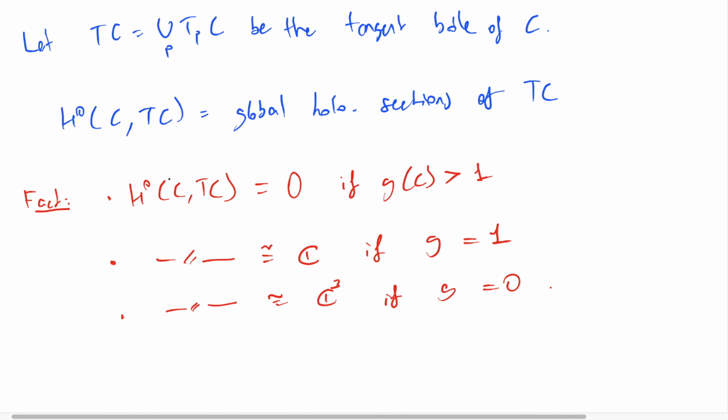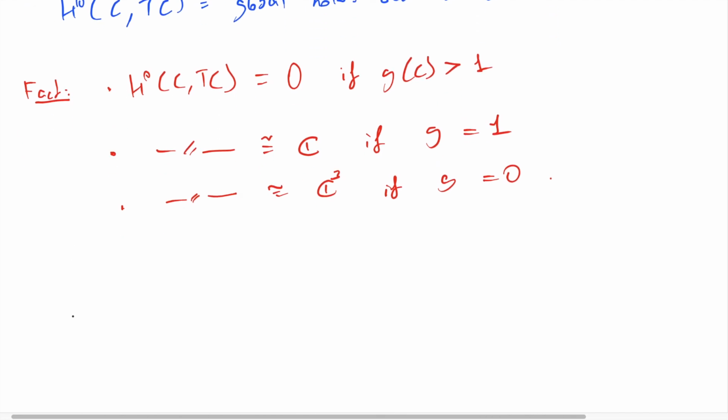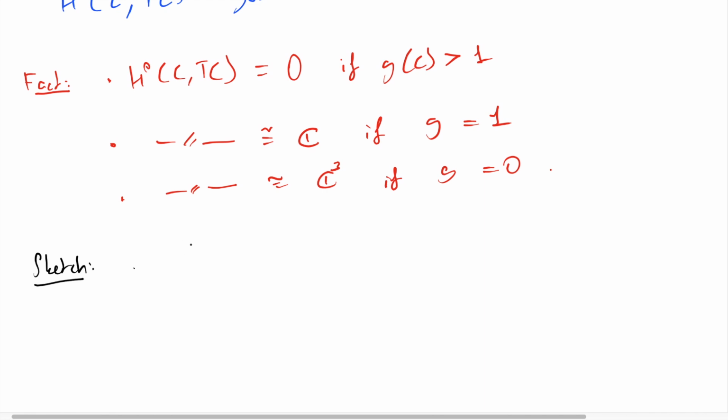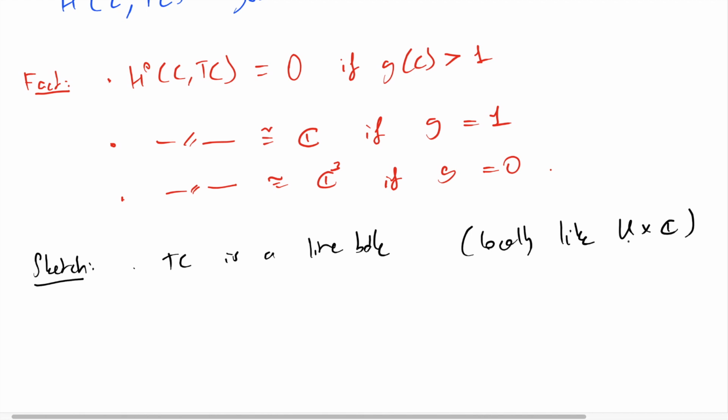I'm not going to prove it, but if you know some basic statements, I can tell you how to prove the statement. So you know TC is a line bundle. Well, obviously, it's locally like a neighborhood U times C, that's a complex line, so it's a line bundle, and line bundles have degrees associated to them, and the degree is 2 minus 2g.